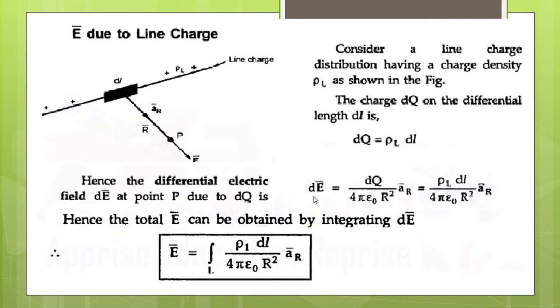Now this is the differential electric field intensity. To find the total electric field intensity, we need to simply integrate this equation. Then we'll get the complete electric field intensity on this line charge. So we can write E is the integral of rho L dl by 4 pi epsilon naught r square into AR. This is the equation for electric field intensity due to a line charge.